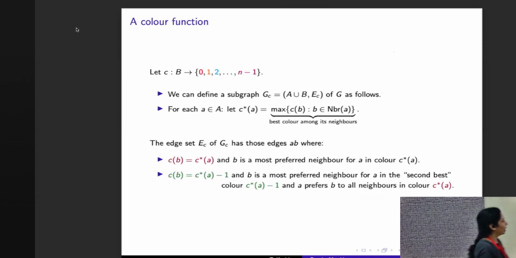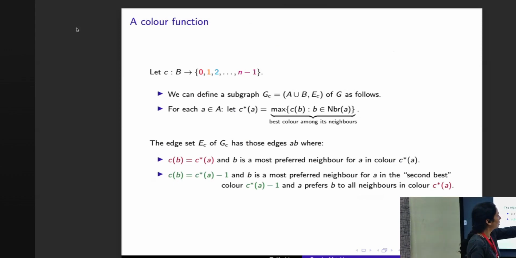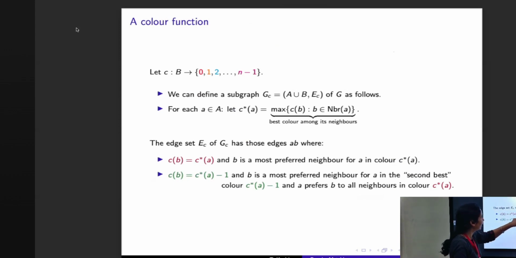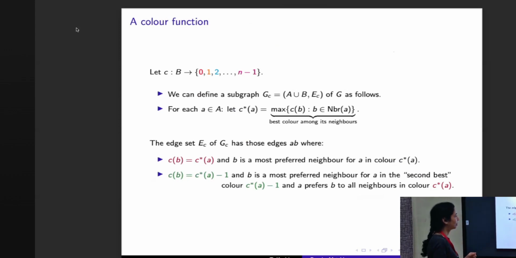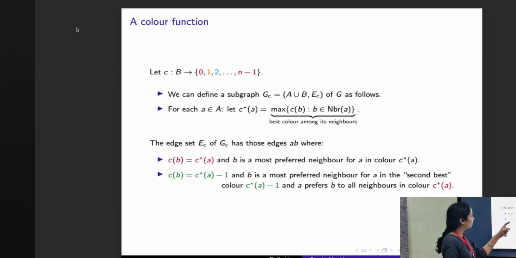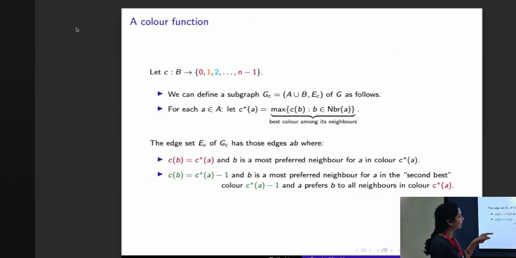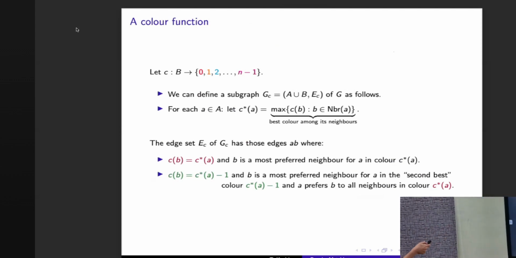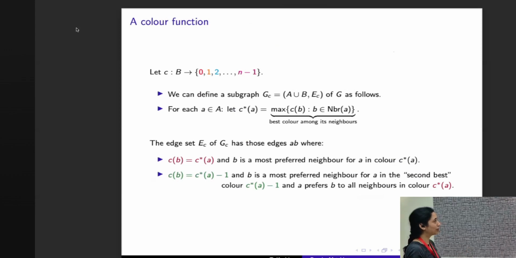Every agent keeps edges to those neighbors B that have the best color, and among all its neighbors in the best color, B is the most preferred one. It also keeps edges to items that are colored one less, where B is the most preferred neighbor for A in the second best color, and moreover A has to prefer B to all neighbors in the highest color class. Rather than go through all these words, let's see it in an example.